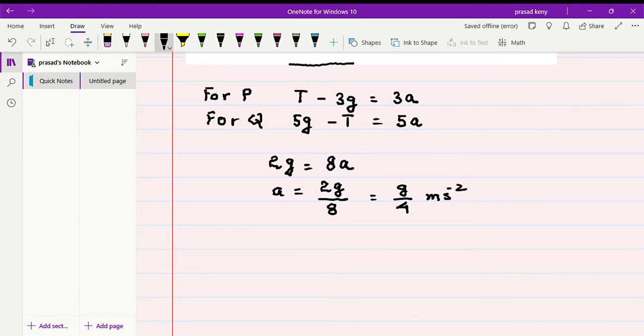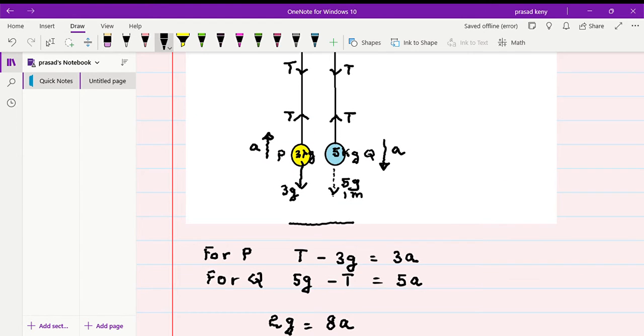So both these particles, now since the string is inextensible, both the particles will accelerate at the same rate of g upon 4 meter per second square.